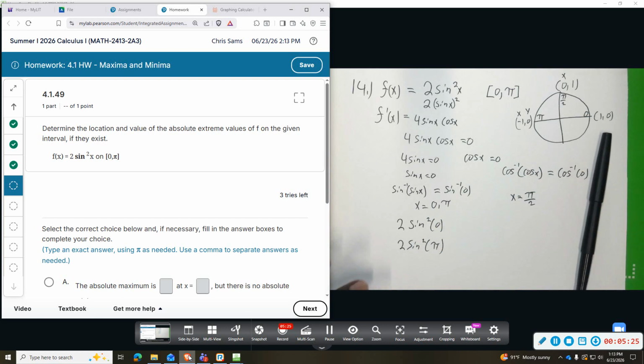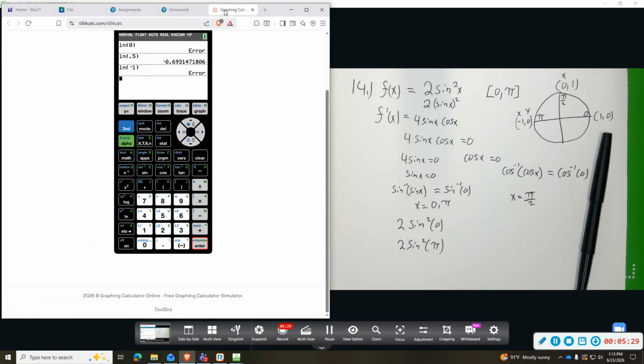I'll use the online calculator just to show you that calculation. 2 sine of 0, squared, gives 0, and 2 sine of pi, squared. Both of them give us 0.